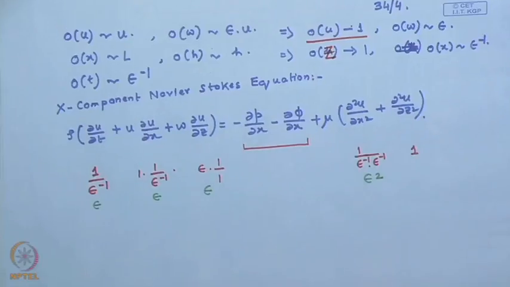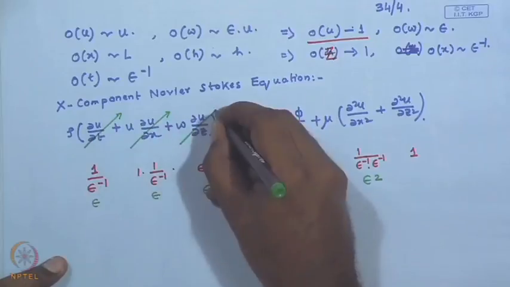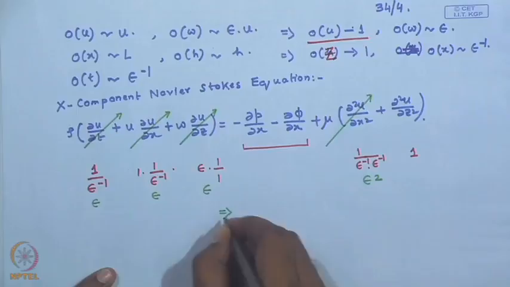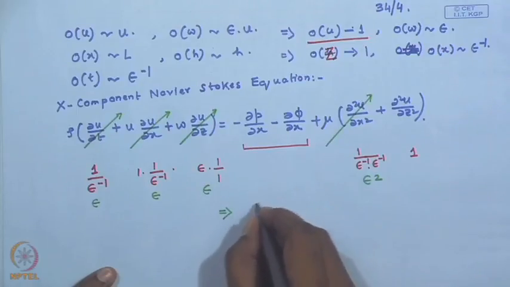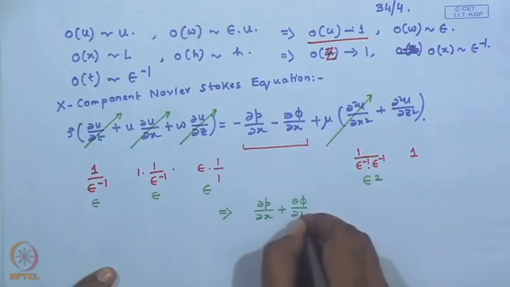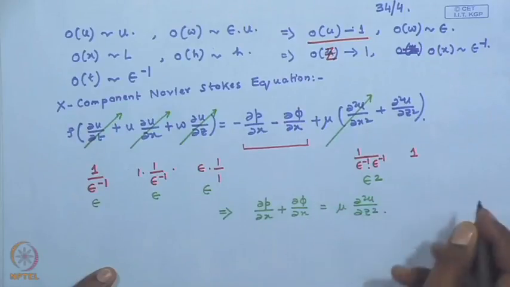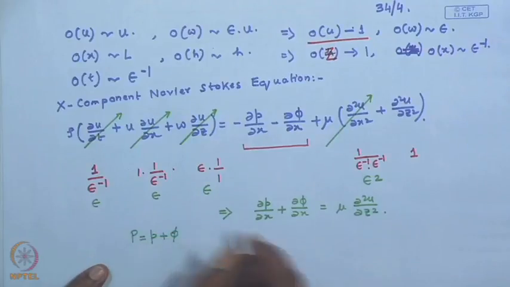So, based on an order of magnitude analysis for a thin film, we see that from the x component Navier-Stokes equation, all these terms sort of are insignificant, and therefore, the final governing equation takes the form of: we define a capital P as a non-gravitational pressure as p plus phi.